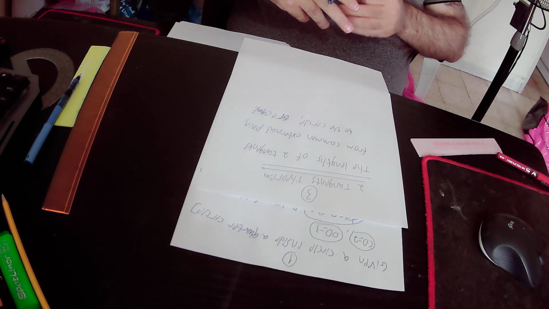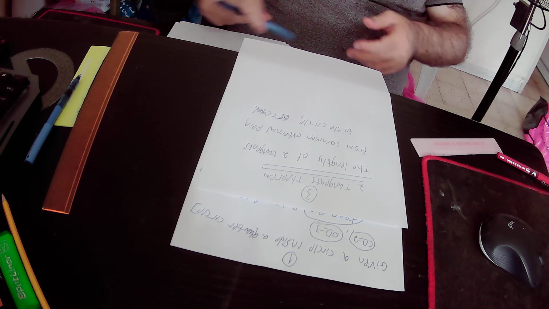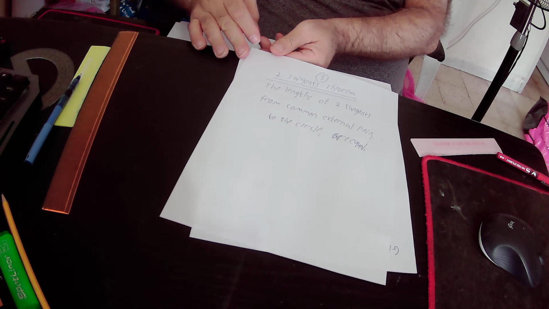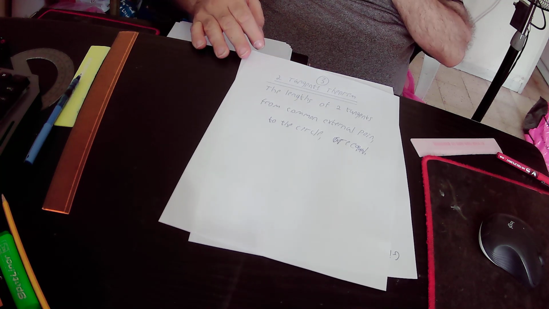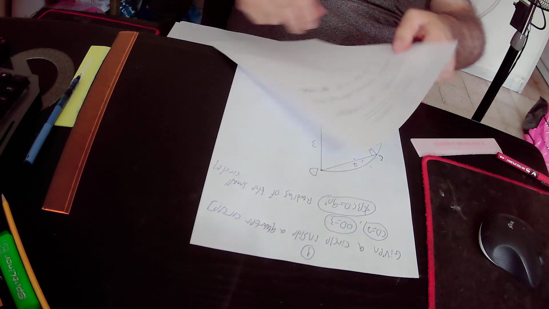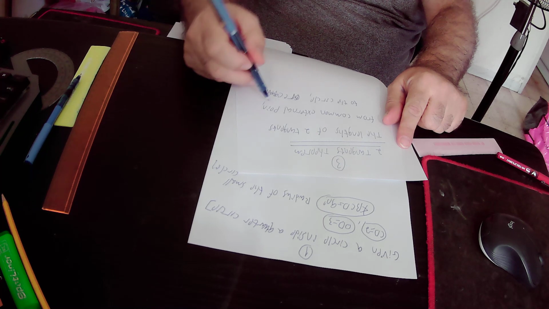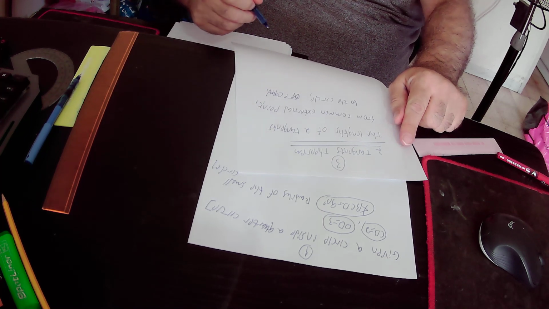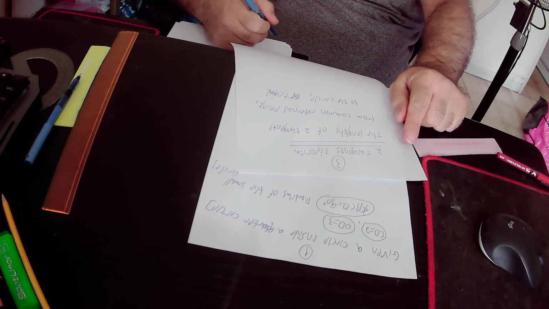So I will read the two tangents theorem again. The two tangents theorem states that the lengths of two tangents from a common external point to the circle are equal.